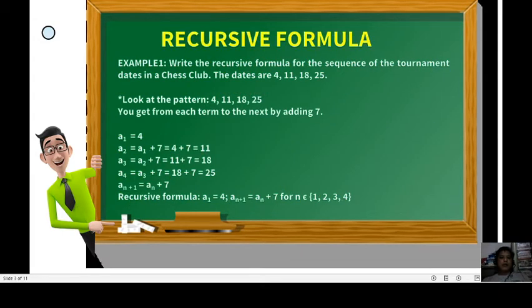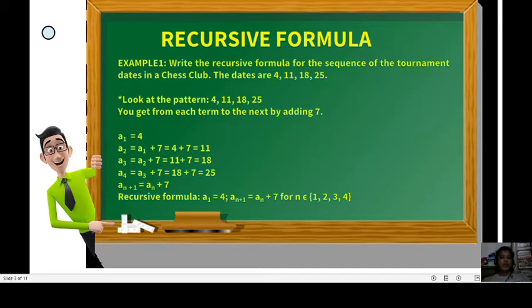An example of a recursive formula: write the recursive formula for the sequence of the tournament dates in a chess club. The dates are 4, 11, 18, 25. Look at the pattern.